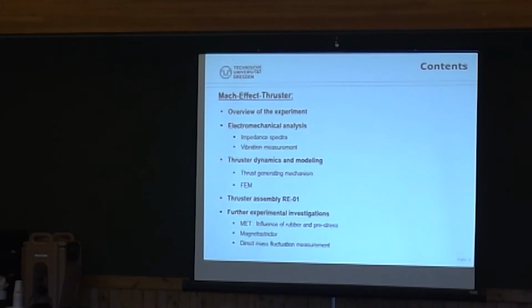So I'm going to give a brief overview of the Woodward experiment, the whole setup. I'm going to show you how we conducted an electromechanical analysis. I want to stress the importance of a good impedance spectrum of the Woodward thruster itself, but also of the whole system. I'm going to show the differences between our system and Professor Woodward's.